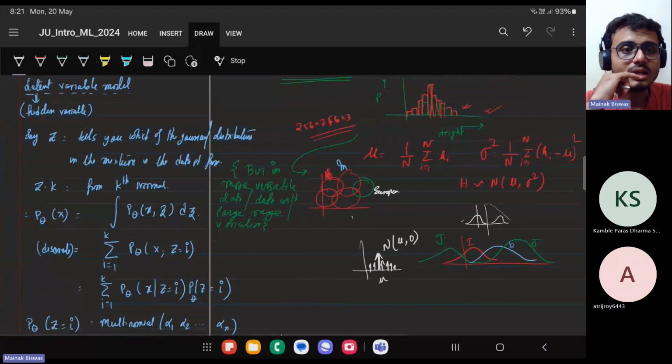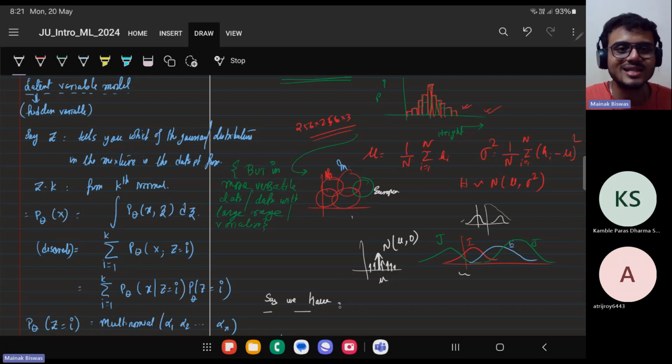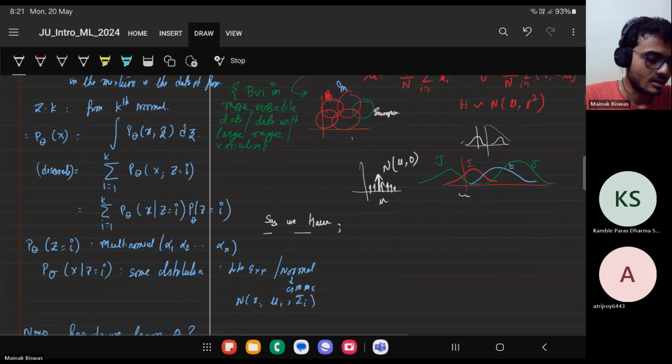Yes. So now, my dear, let us forget about Gaussians for the time being and generalize it a bit. You can think of these as Gaussians, but for the time being let us generalize them.